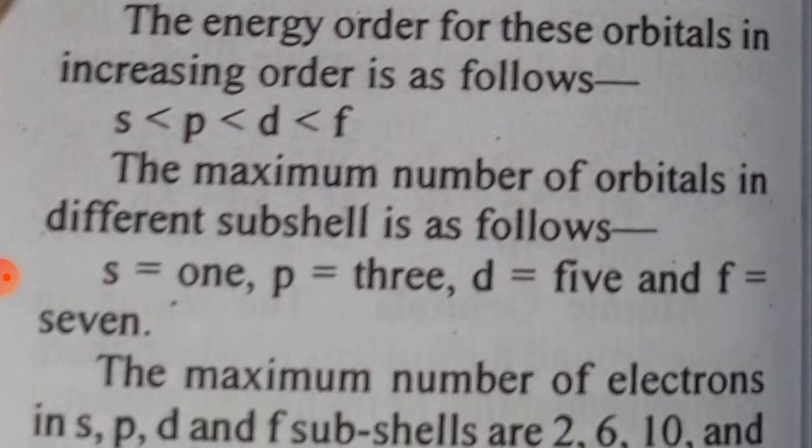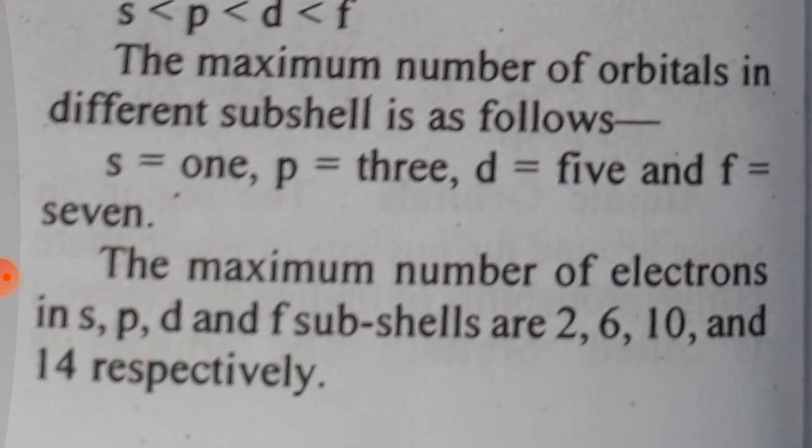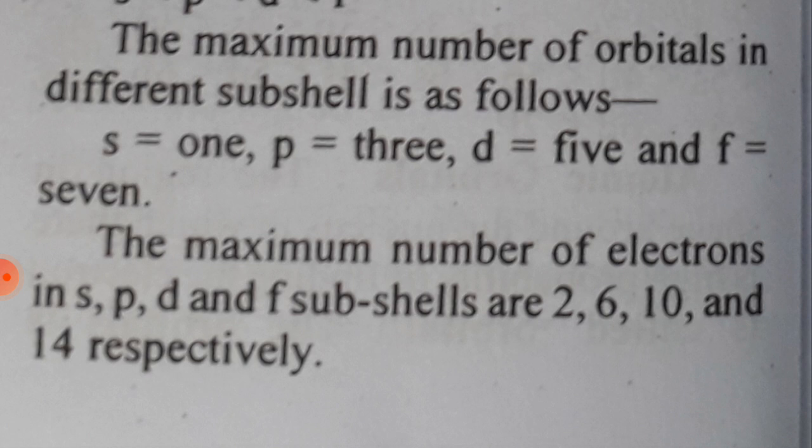The energy order of these orbitals in increasing order is as follows: s is smaller than p, p is smaller than d, d is smaller than f. The maximum number of orbitals in different subshells is as follows: s is equal to 1, p is equal to 3, d is equal to 5 and f is equal to 7. The maximum number of electrons in s, p, d and f subshells are 2, 6, 10 and 14 respectively.